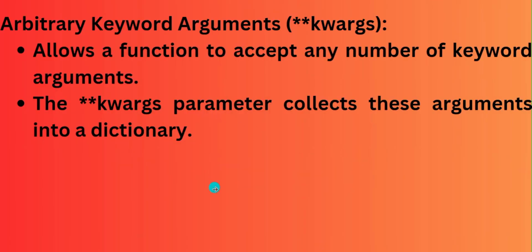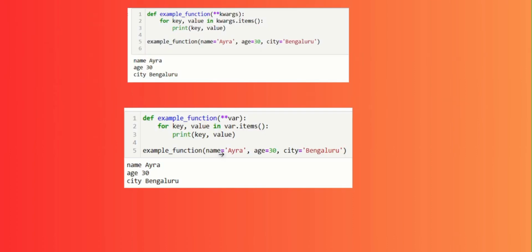Next, arbitrary keyword arguments. The syntax is a variable, kwargs, prefixed with two asterisks or stars. It allows a function to accept any number of keyword arguments. These parameters collect the arguments into a dictionary. Example, I have a function, example_function.